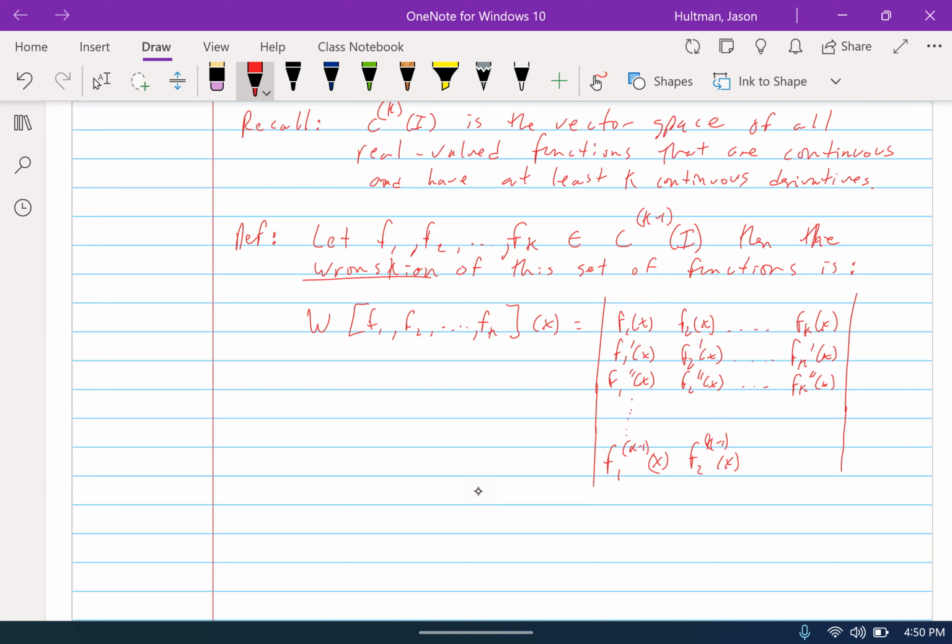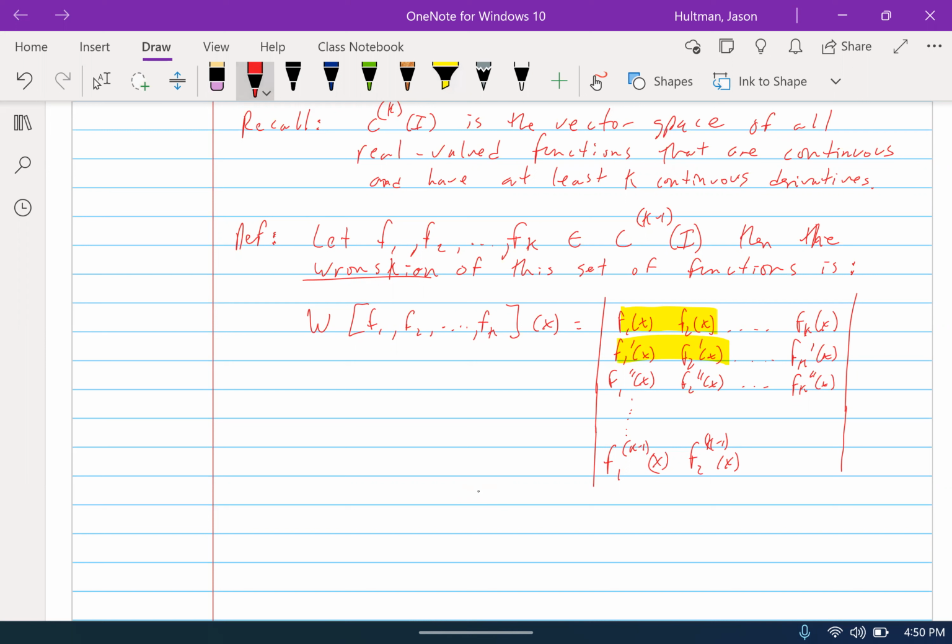If I was only given 2 functions, to create a square matrix I would only need to take 1 derivative. If I was given 3 functions, I'd have to take a second derivative. If I was given 4, I'd have to take a third derivative, and so forth. So the number of functions you're given will dictate how many derivatives you have to do.